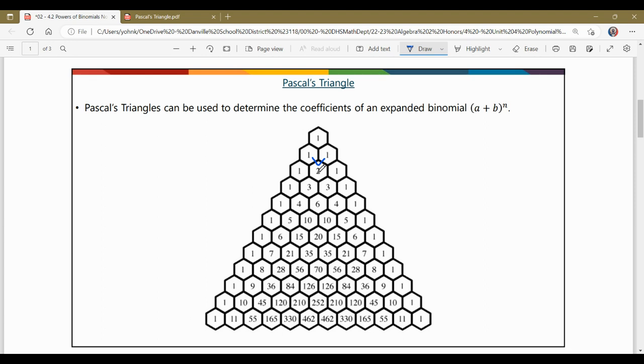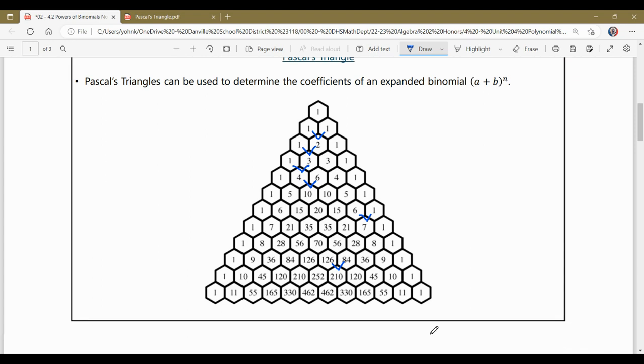So 1 plus 1 is 2, 1 plus 2 is 3, 1 plus 3 is 4, 4 plus 6 is 10, 6 and 1 makes 7, 126 and 84 is 210. All of the different numbers, two above it, add to get the one below it. And these are the coefficients that go in front of each of the terms when we expand a binomial.